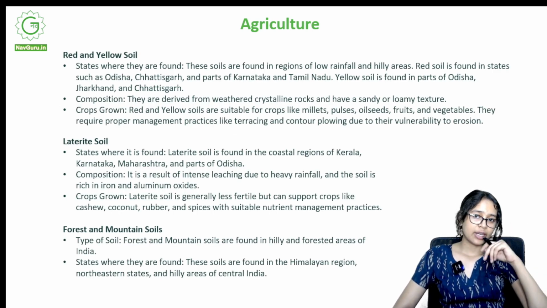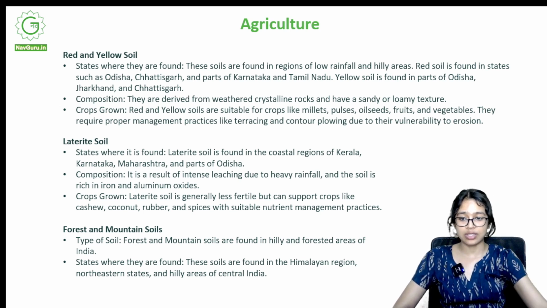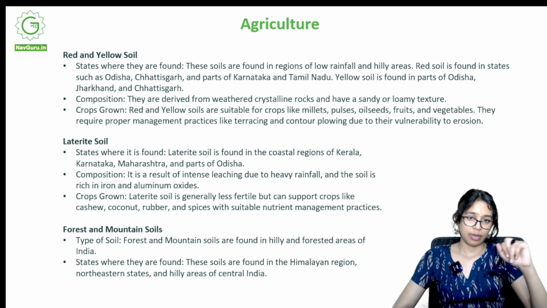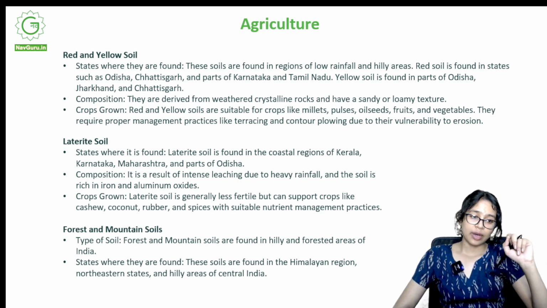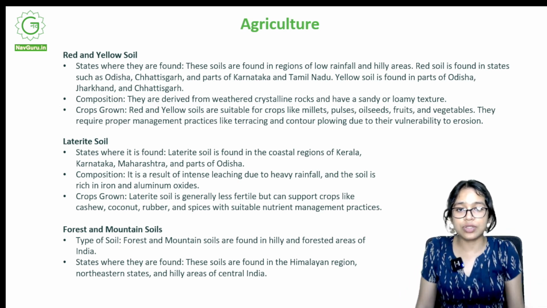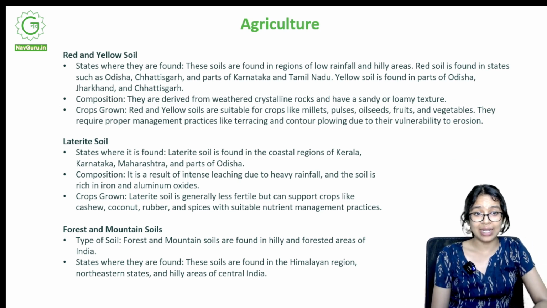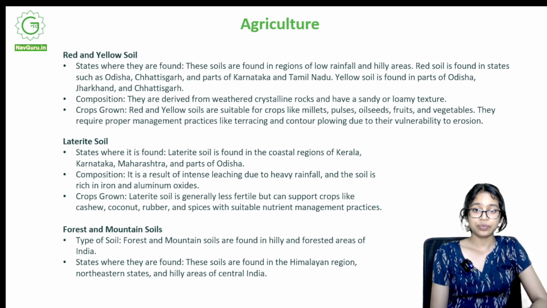Moving ahead. Red and yellow soil. States where they are found: these soils are found in regions of low rainfall and hilly areas. Red soil is found in states such as Odisha, Chhattisgarh, and parts of Karnataka and Tamil Nadu. Yellow soil is found in parts of Odisha, Jharkhand and Chhattisgarh. Composition: they are derived from weathered crystalline rocks and have a sandy or loamy texture.